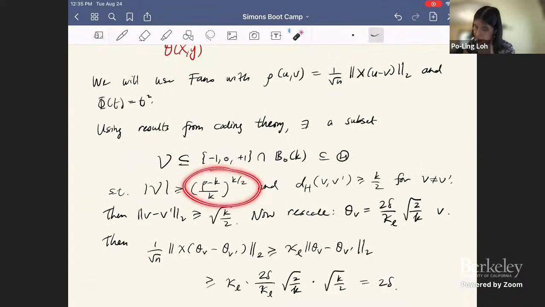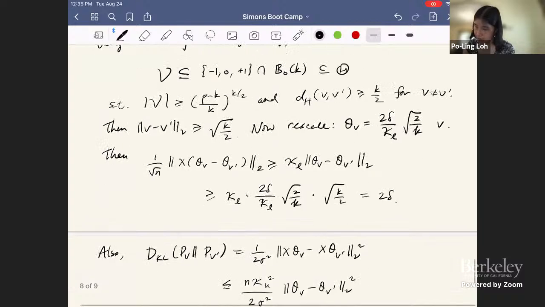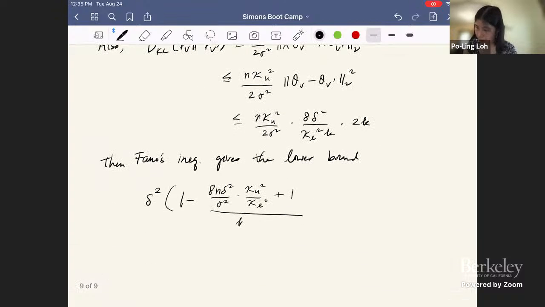Right, the size of the set is this, so the log of that is order of kappa k over 2 times log base 2 of (p minus k) over k. And now I again play this game where I want to bound this by 1/2.